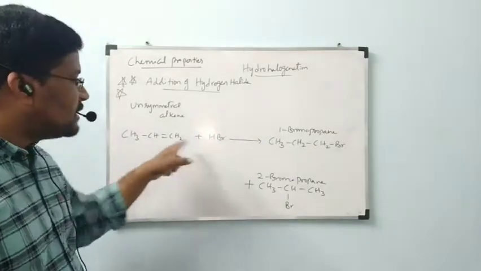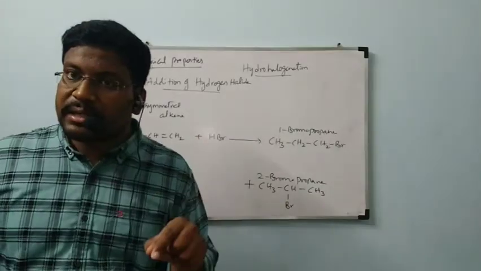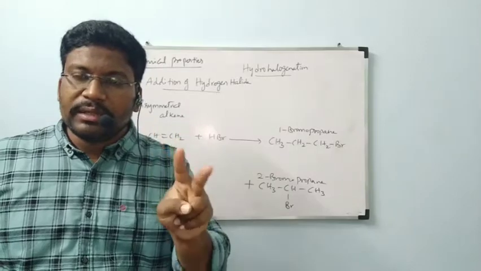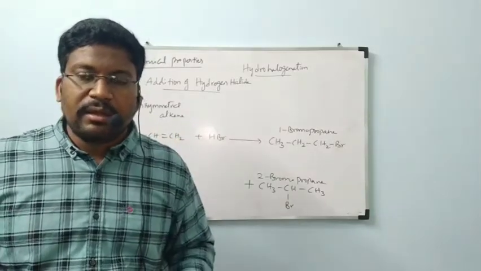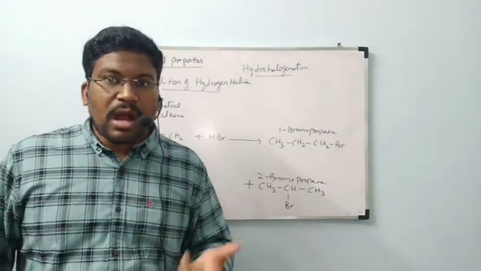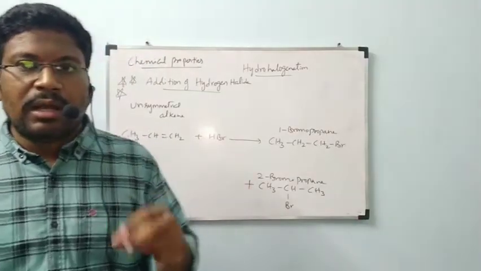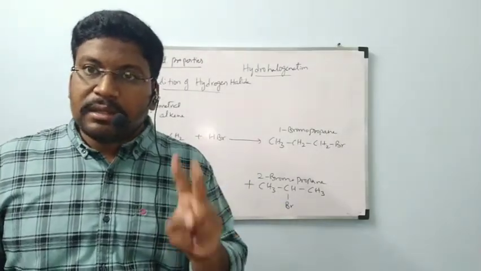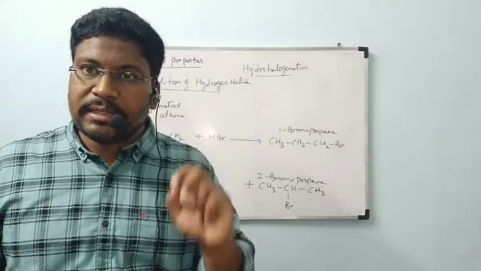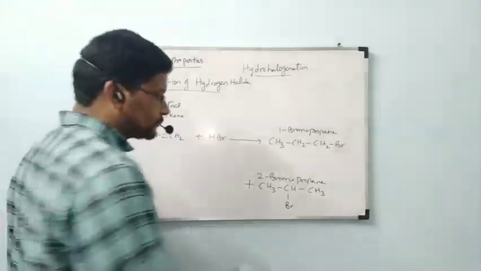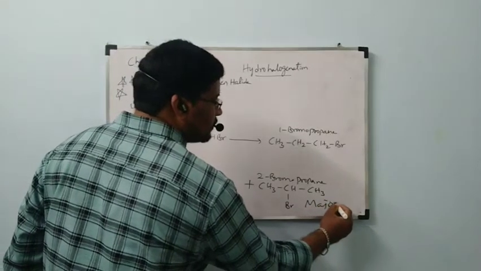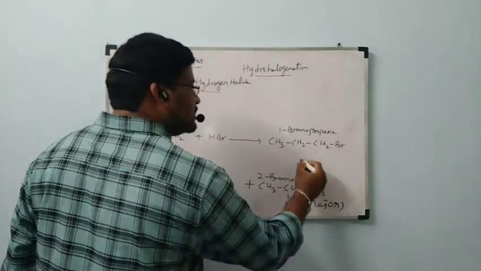So an unsymmetrical alkene reacts with HBr to get two products. Then the question will be like this: when an unsymmetrical alkene, or they will give the name, reacts with HBr, we will get two products. In that, which one is major? I am going to mention this is the major product and this is the minor product.